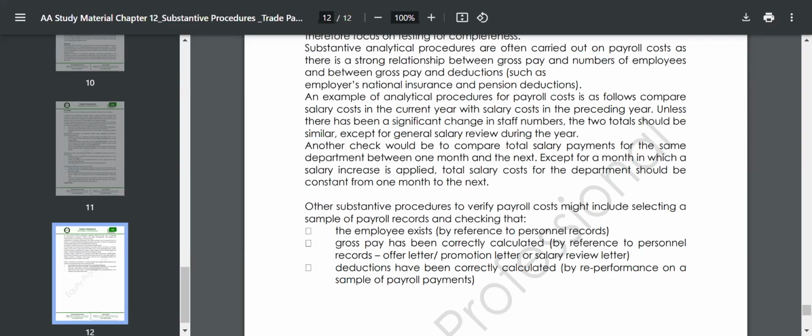So if you want to apply those procedures to, let's say, receivables, for instance: what is receivables? It is the money you are expecting from customers. So the first thing is to have a list of all your customers in your receivable account. For your receivable account, you will now look at, okay, let me confirm the amount.